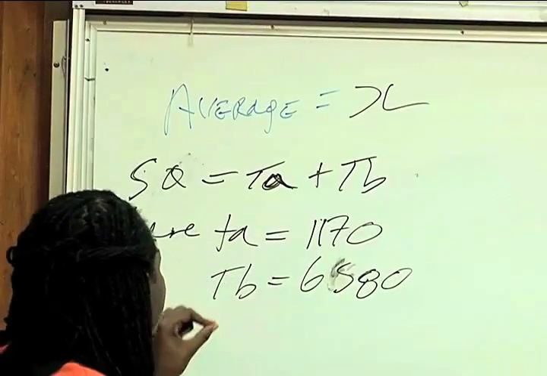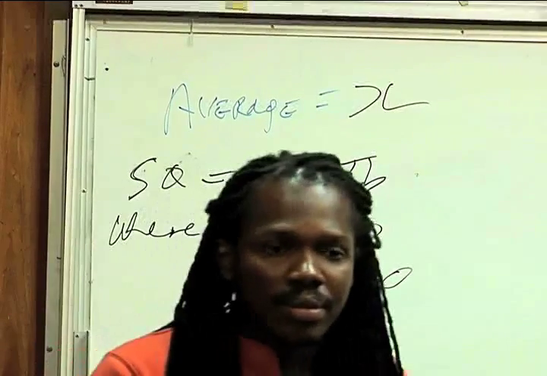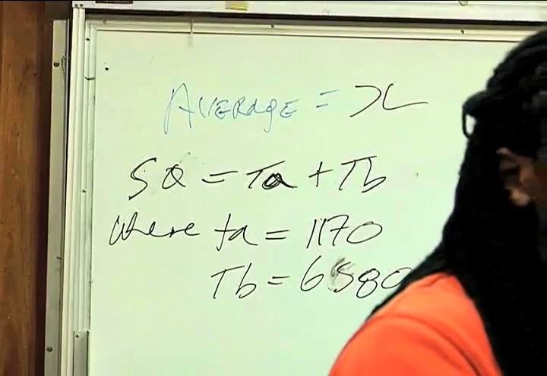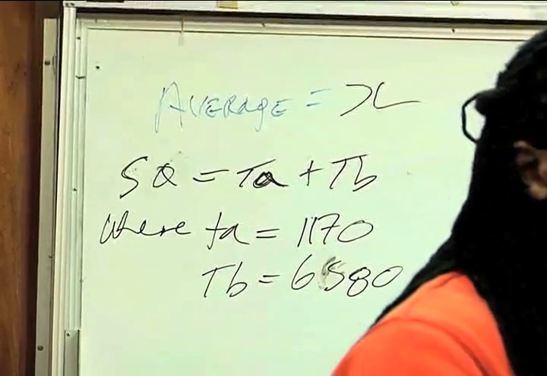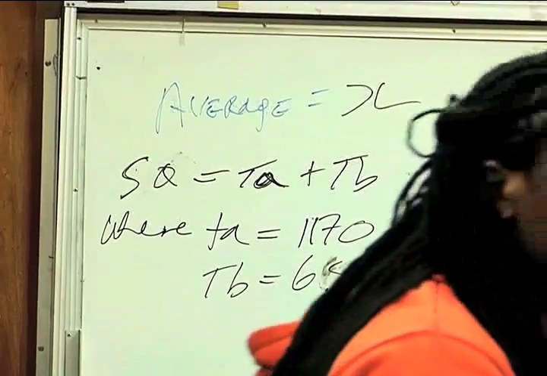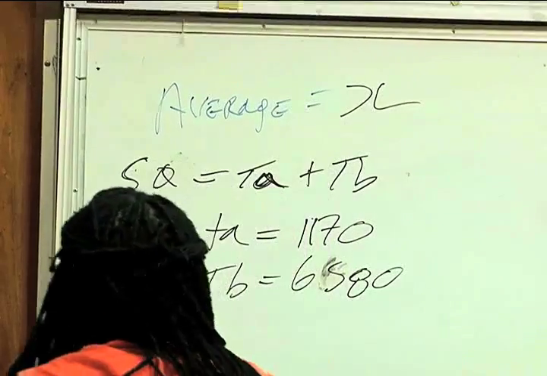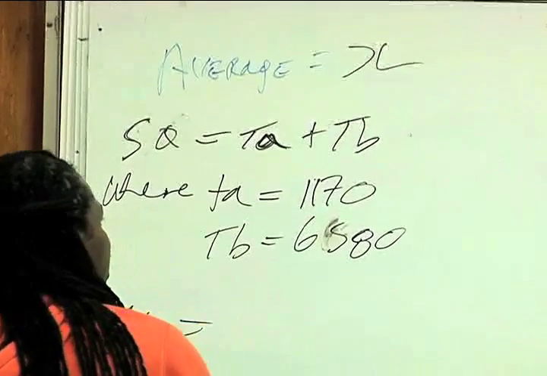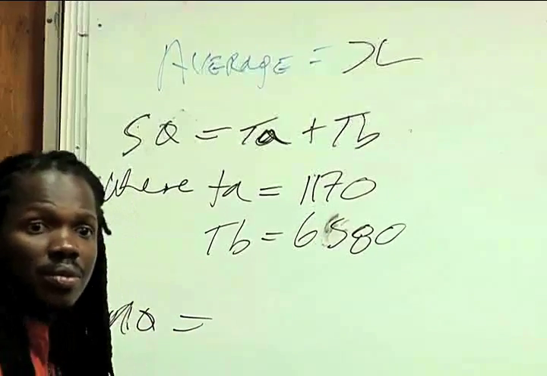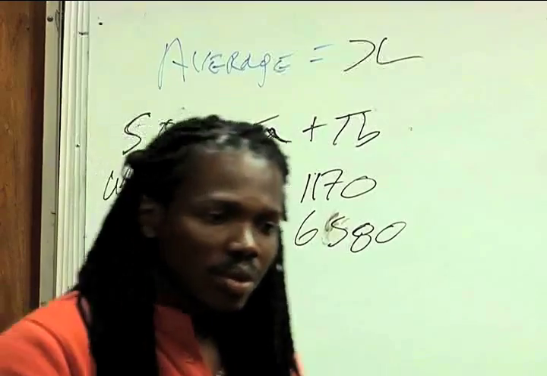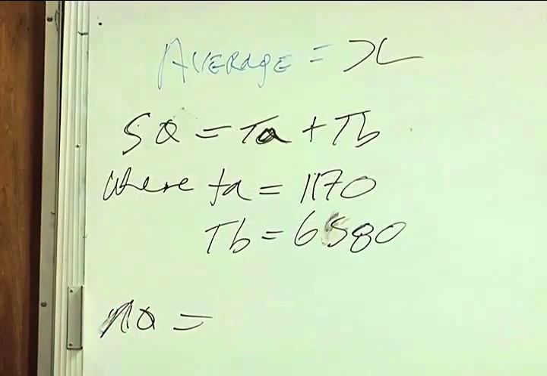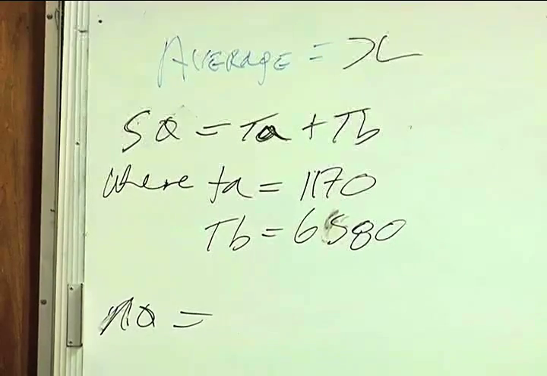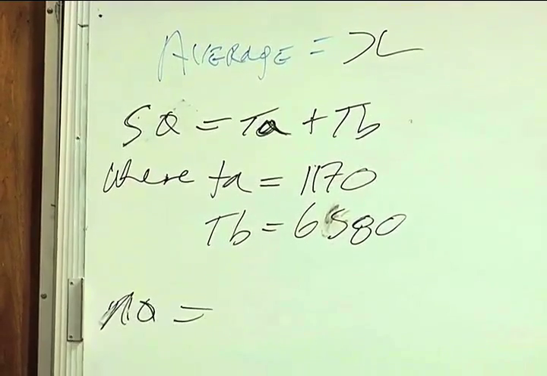Alright now, so we have TA and TB. What do we need to find now? The total NQ. We don't have NQ. What is NQ? How many teachers are there? 39, the average teacher age is 39.